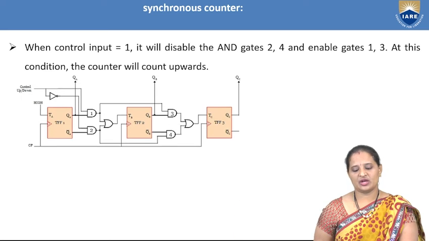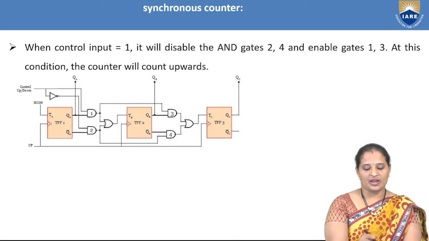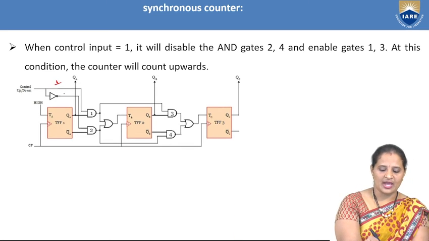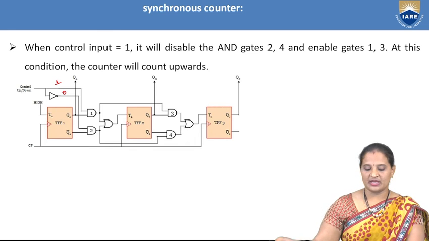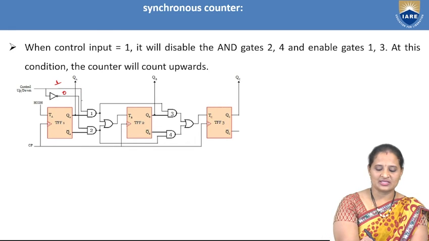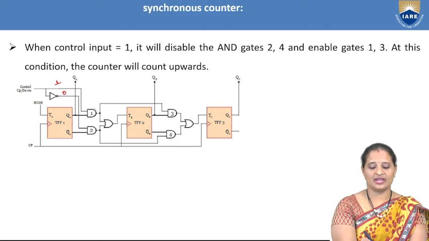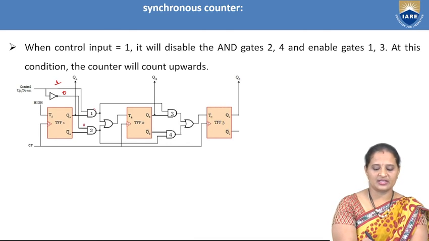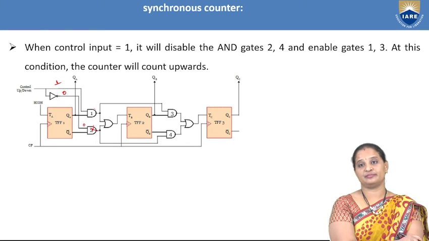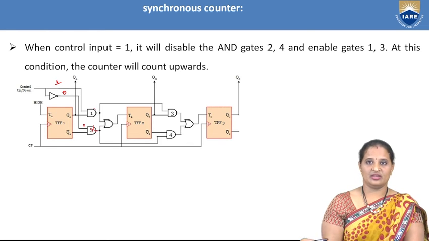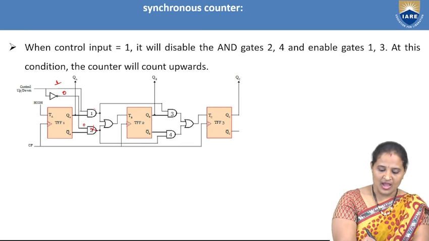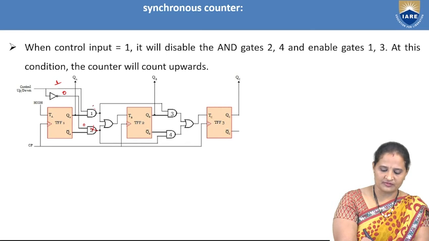What happens when the control input is 1? When the control input is 1, this is 1 and this becomes 0. So as it is 1, this AND gate is enabled, whereas this AND gate is getting 0, so it will be disabled. Now, as this is enabled, what is the output of this AND gate?